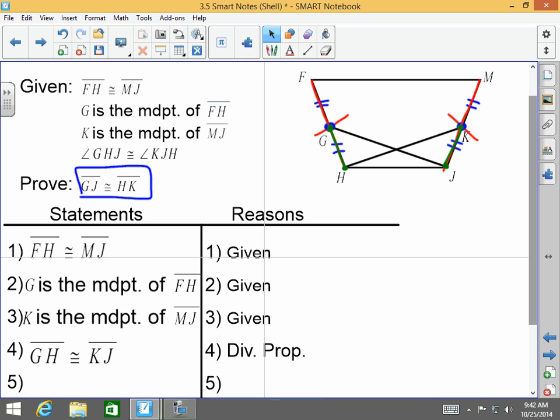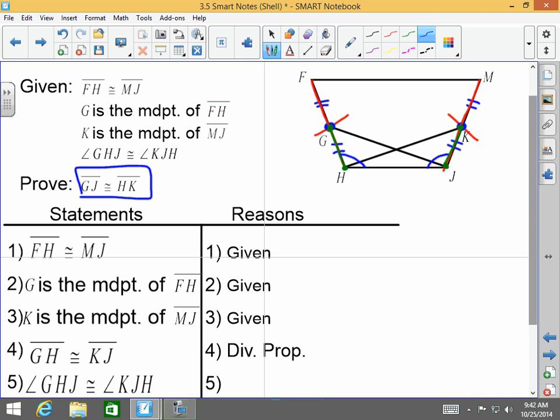Now we get a little bit sticky, okay? Now we're talking about angle GHJ is congruent to KJH. So we're saying that this angle is congruent to this angle. Now we're getting into the overlapping triangles, and now in this particular moment, I would separate them. You can see clearly that we're working with triangle GHJ here in green, which I can pull out.